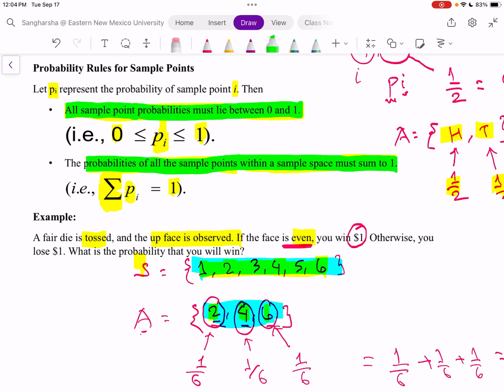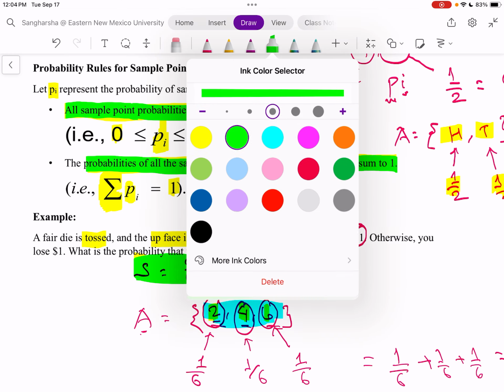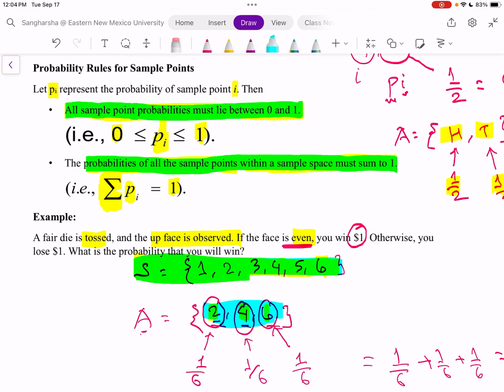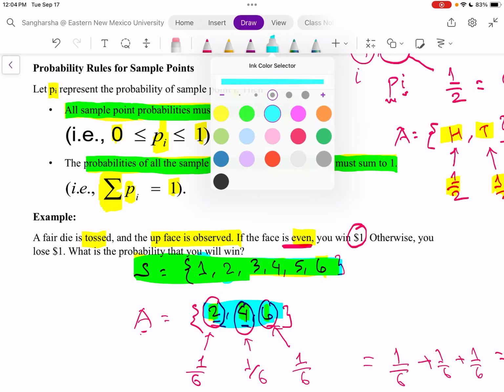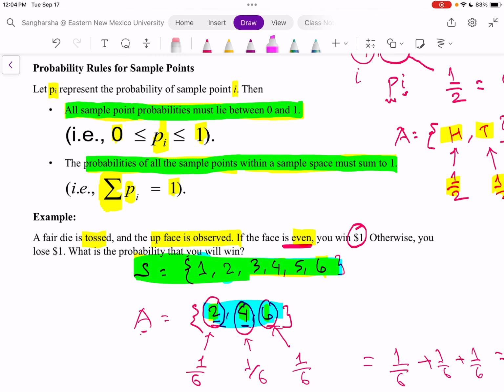So for example, we have this sample space. We find the probability of each sample point, and the sum of these probabilities must be equal to 1. That is the second rule.